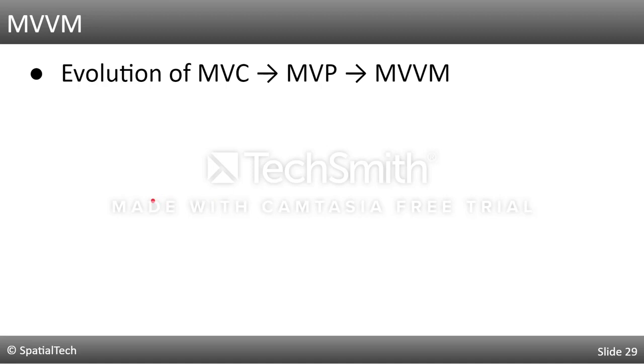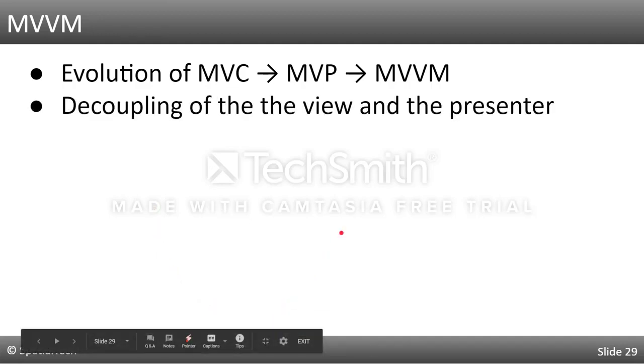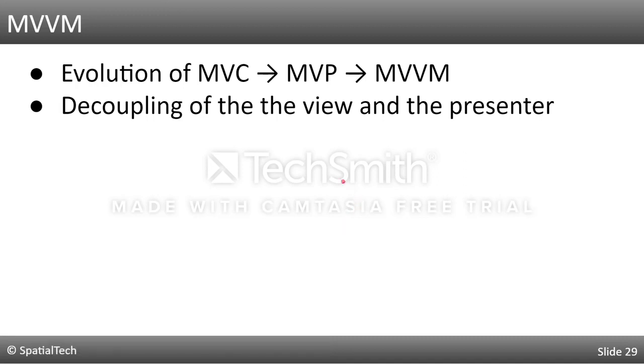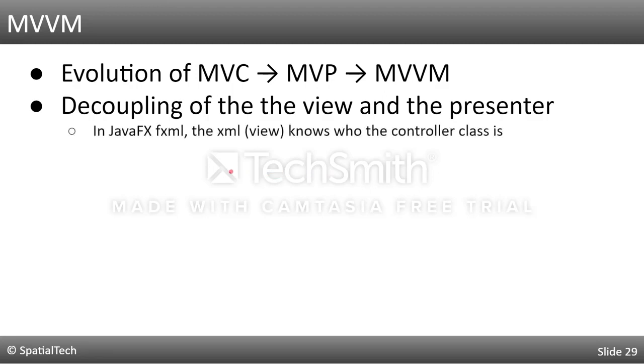And this pattern did start out at Microsoft and .NET, but other people have adopted this pattern in other languages and frameworks. So it's the decoupling of the view and the presenter, which also happens in MVP a little bit. The thing in JavaFX, FXML, the XML file knows exactly who the controller is.